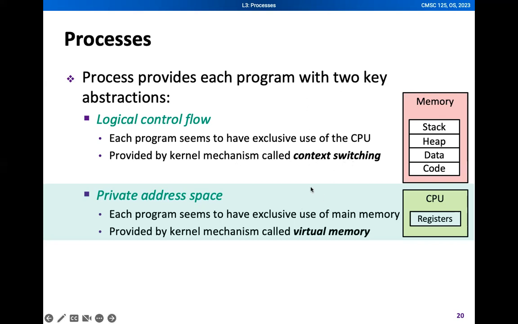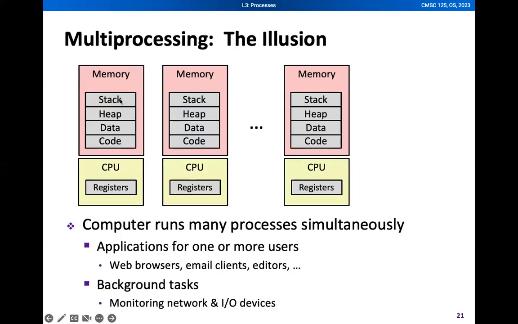Okay, so another abstraction that the process provides is the private address space. Each program seems to have exclusive use of the memory, which is provided by the kernel mechanism called virtual memory. We'll discuss that more later. So here's the illusion: the computer runs many processes simultaneously.